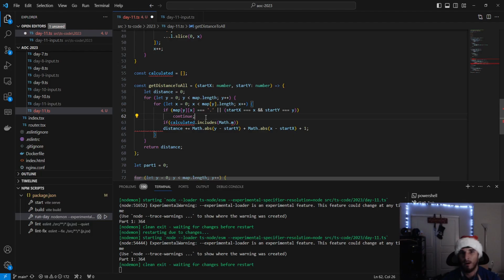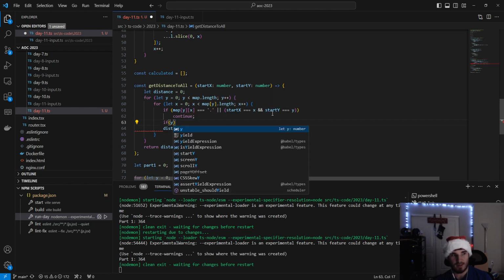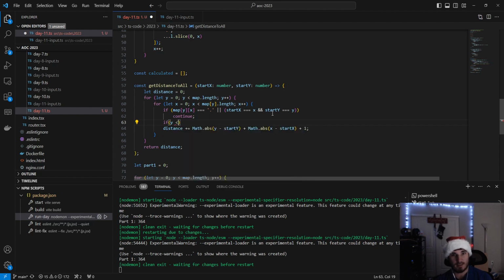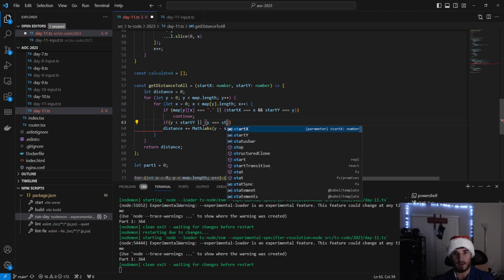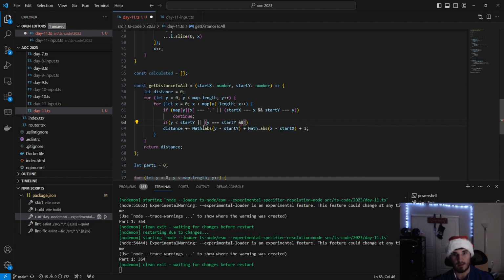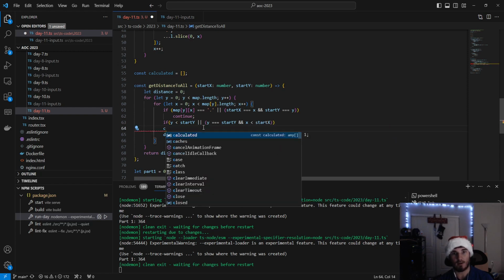Nope, fair enough. It can only calculate. Okay, it can only do, if y is less than start y, or y equals start y and x is less than start x, then also continue.